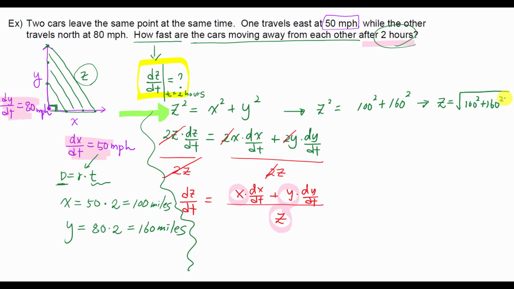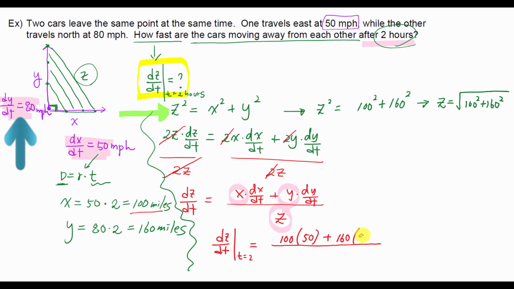We're going to plug those numbers in now to find the dz/dt at t equal 2. So finally, dz/dt at t equal 2 is equal to, my x was, I found 100, dx/dt is 50 miles per hour, plus y is, we found 160, times dy/dt is 80, over z.